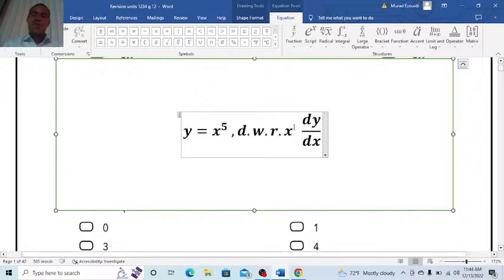So the first derivative of x to the power 5: you see the index, the power 5, will come in front of this one.